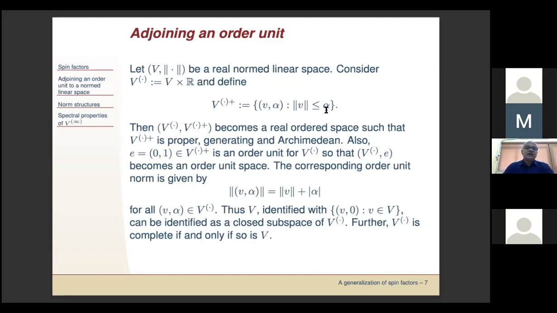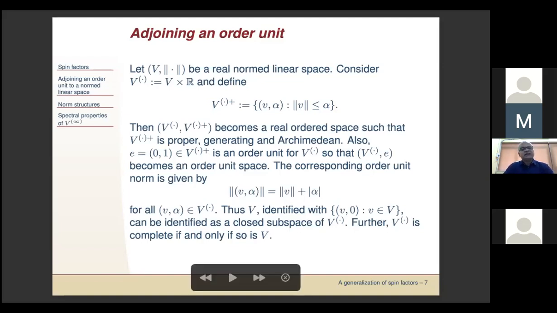And then we also get e, which is (0, 1), a positive element, and this becomes an ordered unit. And V dot with this ordered unit becomes an ordered unit space. The corresponding ordered norm you can define as norm of V plus mod alpha for any ordered pair (V, alpha).